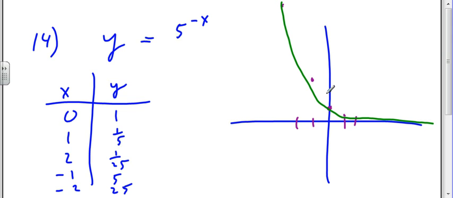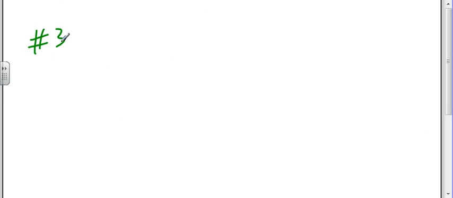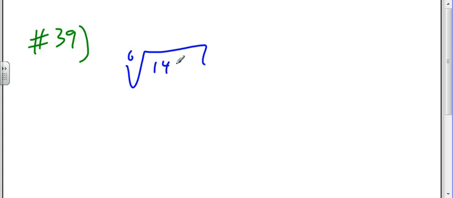Okay. Number 39, we want the 6th root of 140 to 3 significant digits. Okay, well, let's see. My calculator has a button below the pi button. So if I put in a 6, second function, nth root key, and I put 140 in, and hit enter, I end up with the 6th root of 140 is equal to 2 point, how many significant digits? 3, 2.28.